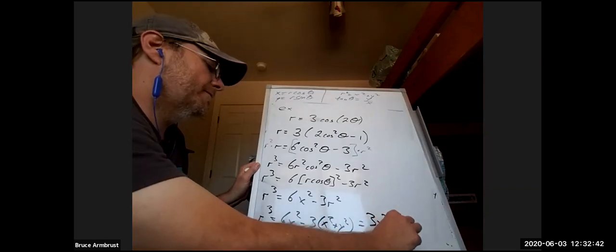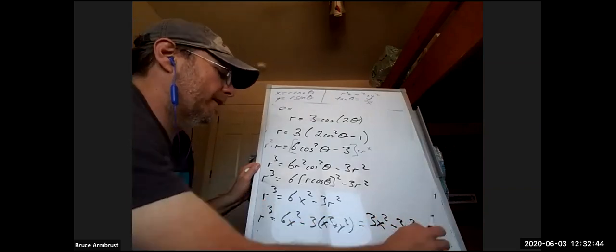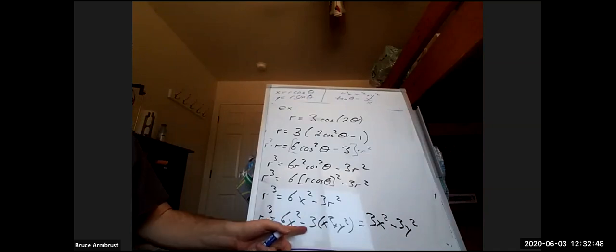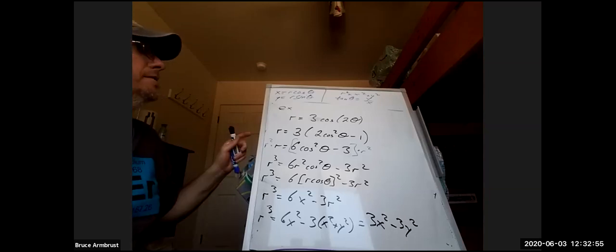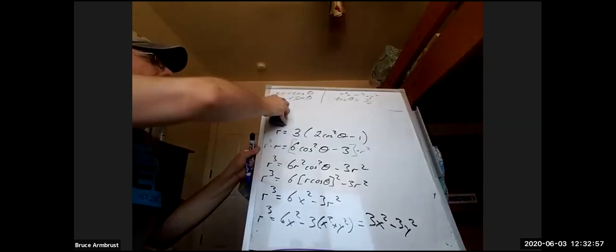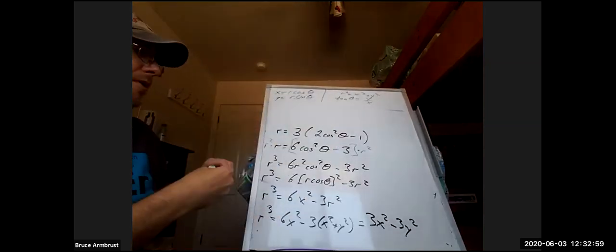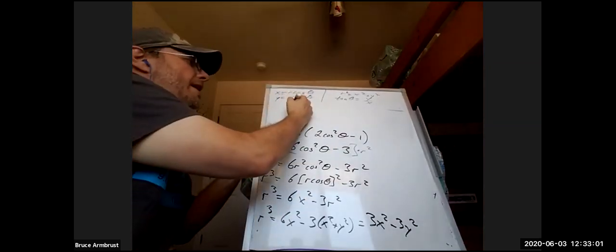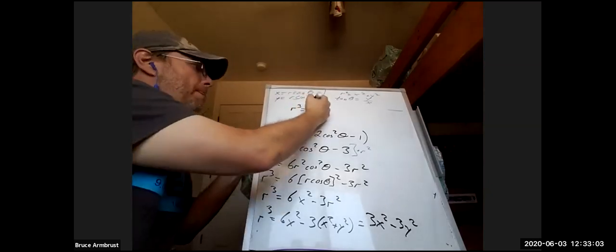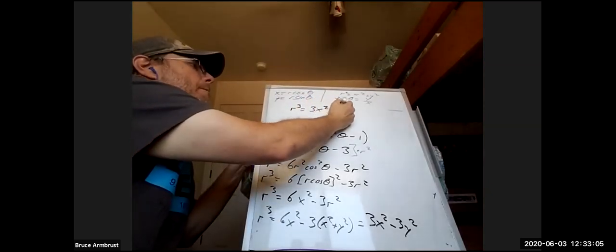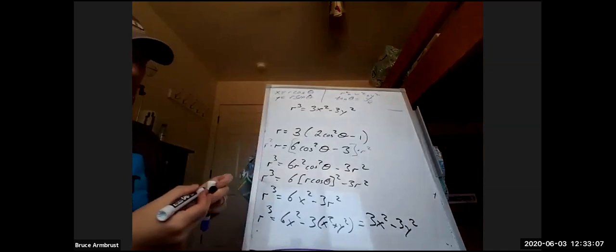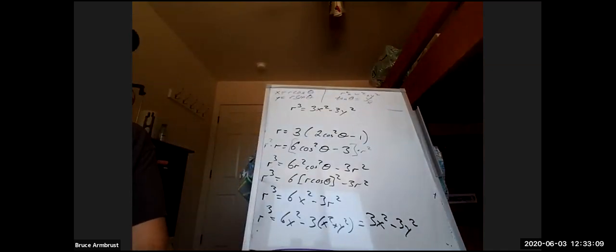That ends up giving me 3x squared minus 3y squared, because with the x's, I've got 6 of them minus 3, which leaves me 3x squared. So I'm going to run back up here because I'm out of space. But where we are now, we're getting there, home stretch, right? Almost all of the r's are gone.